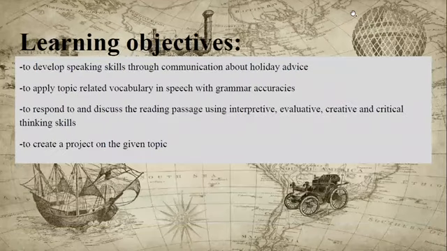The learning objectives follow from lesson objectives, so the students will be able to develop speaking skills through communication about holiday advice, to apply topic-related vocabulary in speech with grammar accuracies, to respond to and discuss the reading passage using interpretive, evaluative, creative, and critical thinking skills, and to create a project on the given topic.